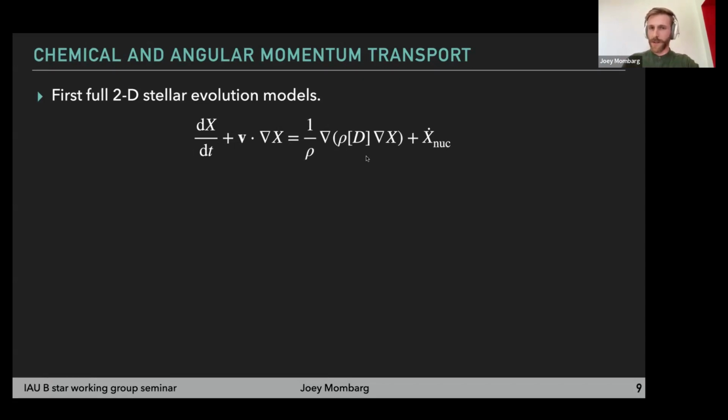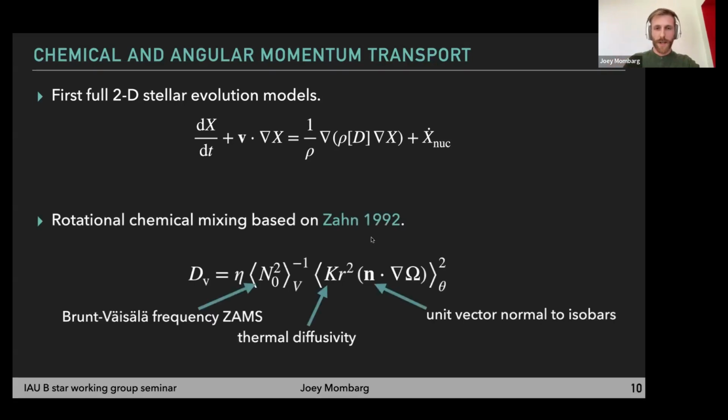And so in 2D, this diffusion coefficient is a tensor that has a horizontal and a vertical component. For the horizontal one, we take a constant value. And then for the vertical component, we use a prescription of rotational mixing that originates from the work of Zahn in the 90s.